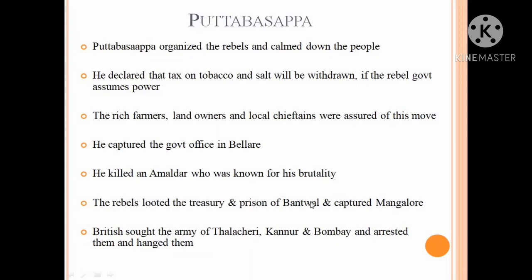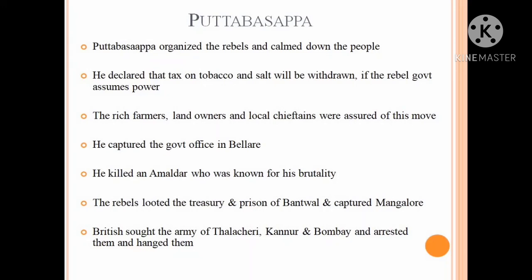And actually, when he occupied Mangalore, a vast area from Kodagu to Mangalore, or Kasaragod to Mangalore, came under the control of Puttabasappa. For 13 days he kept this area under his control. An ordinary farmer, just imagine. The capacity of Indians.